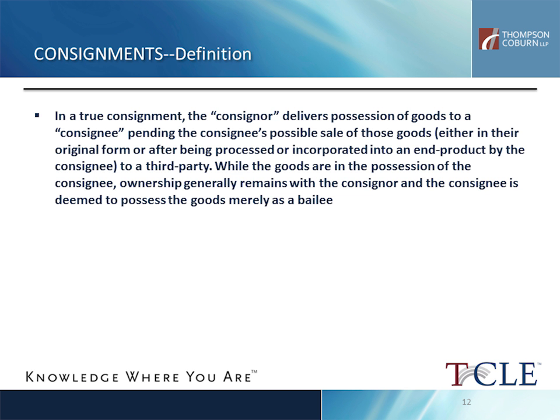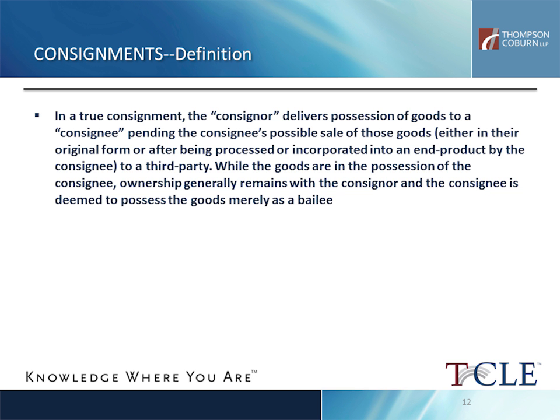Another topic that goes hand in hand with purchase money security interest is consignments. What a consignment is, in the traditional sense, is an arrangement in which a supplier provides goods to a retailer to sell to third parties on the supplier's behalf.